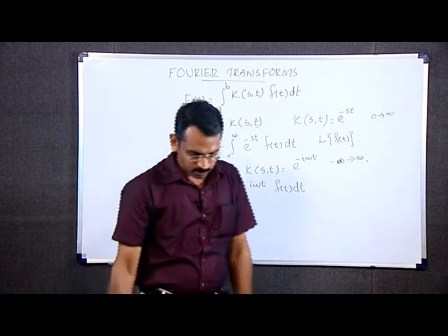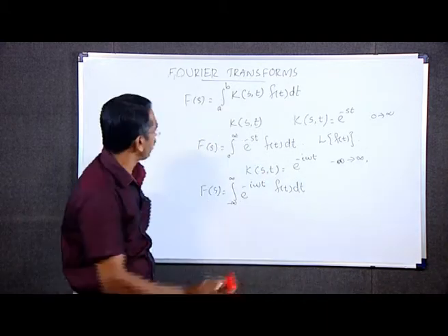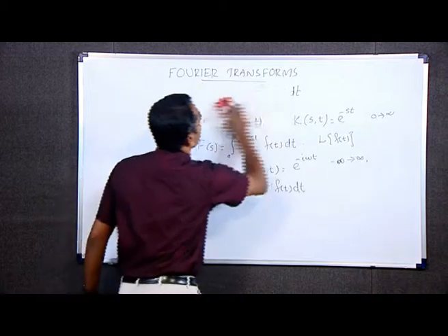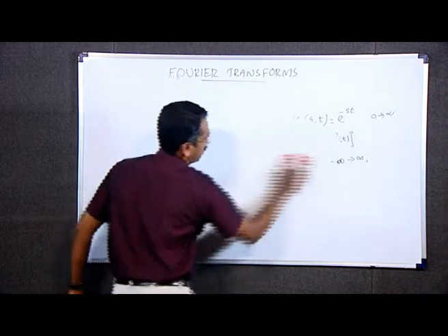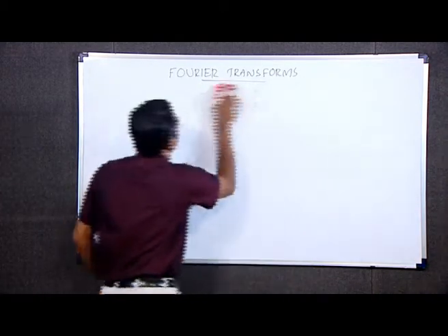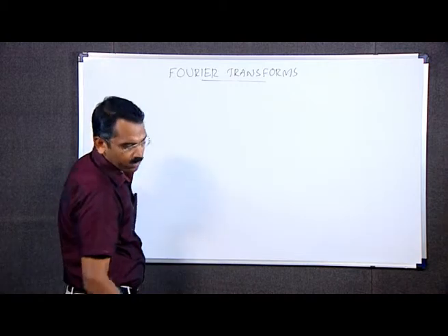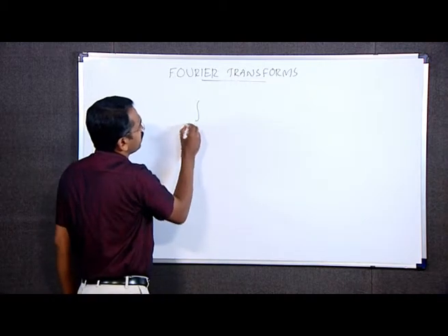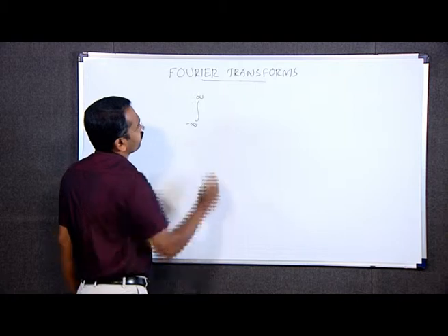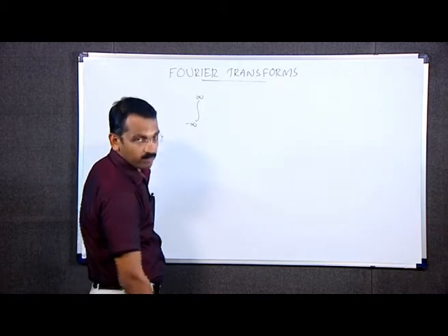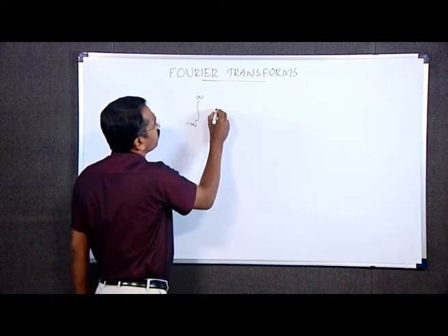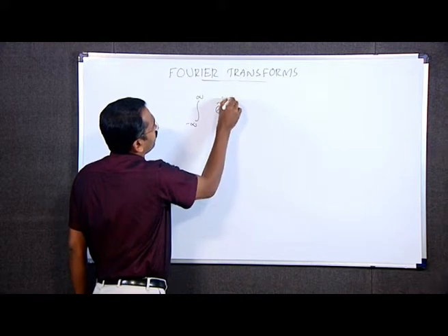That is, the Fourier transform of a function f of t is defined as integral from minus infinity to infinity e raised to minus i omega t into f of t dt.